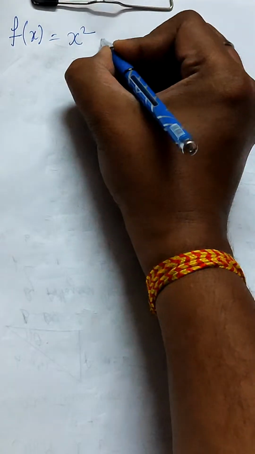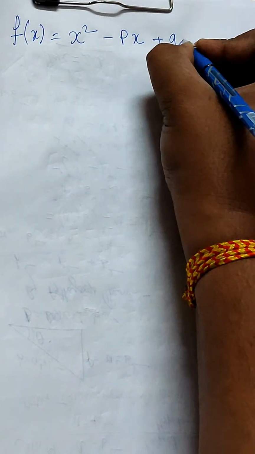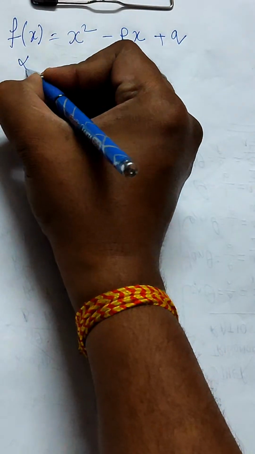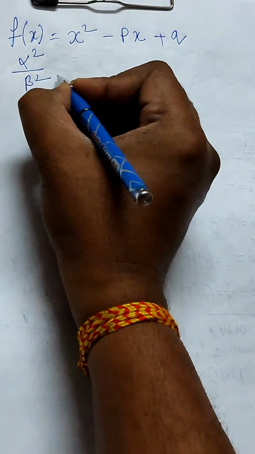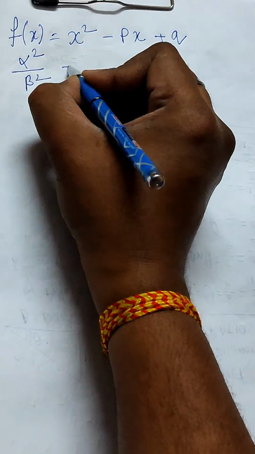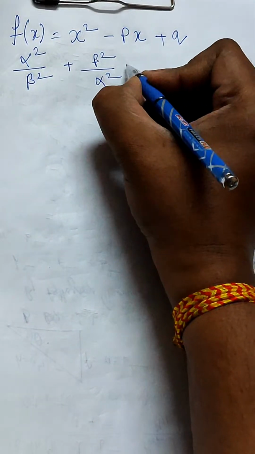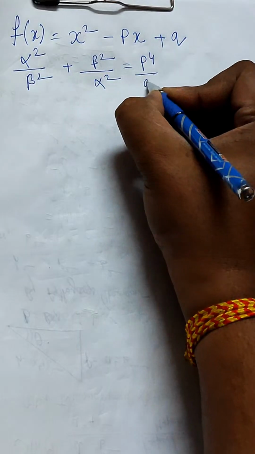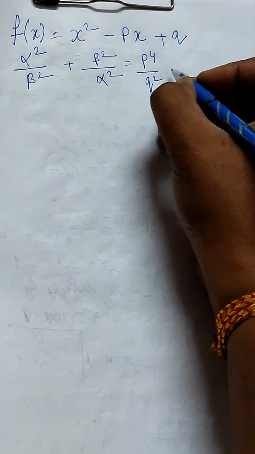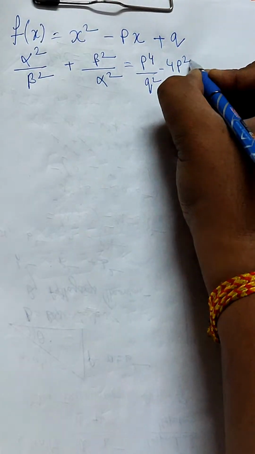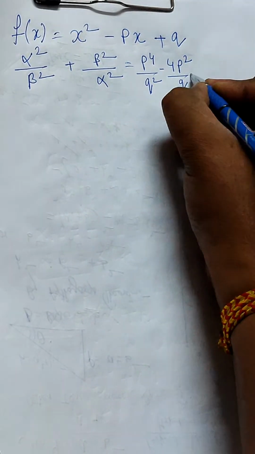It's given that x square minus px plus q is the quadratic equation, and we need to prove alpha square by beta square plus beta square by alpha square is equal to p^4 by q square minus 4p square by q plus 2.